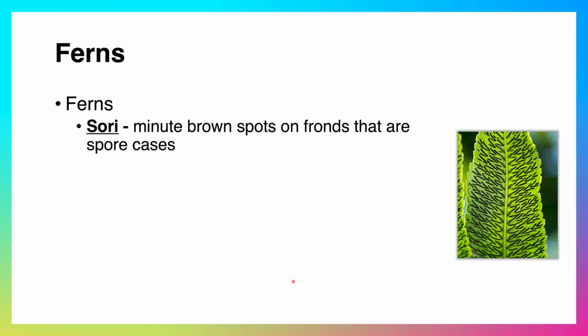Now ferns have small brown spots on their leaves. You see that again in the picture on the right, and these small brown spots are actually spore casings. The spore case, which is also called the sporangia, is where the spores are produced and then released.